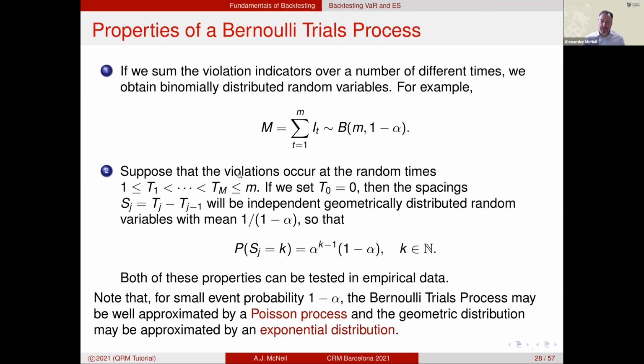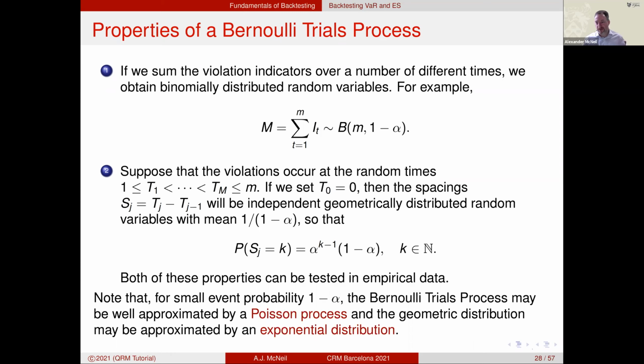The other thing that can be tested is the independence property, because if these Bernoulli events are independent, then the waiting times between exceptions have a geometric distribution. So when you do elementary probability classes at school or university and you first learn about discrete distributions, you certainly learn about the binomial, and you probably also learn about the geometric.